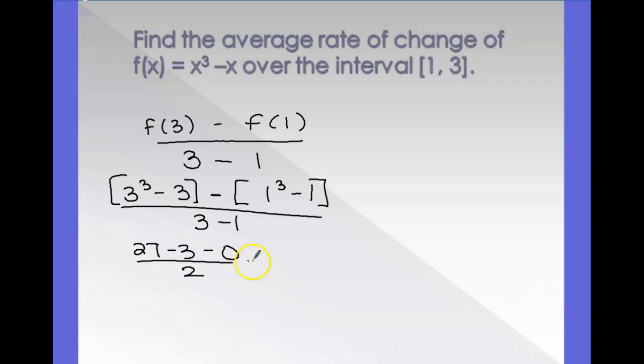So 27 minus 3 is 24, over 2, or 12. So the average rate of change of f of x over the interval 1 to 3 is 12.